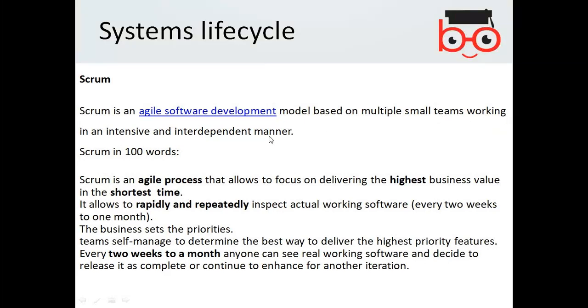So in Scrum, every team is working on its own part, like in the previous session, where the picture illustrated the boxes, everyone working on their own. In simple words, Scrum is an agile process that allows us to focus on delivering the highest business value in the shortest time.